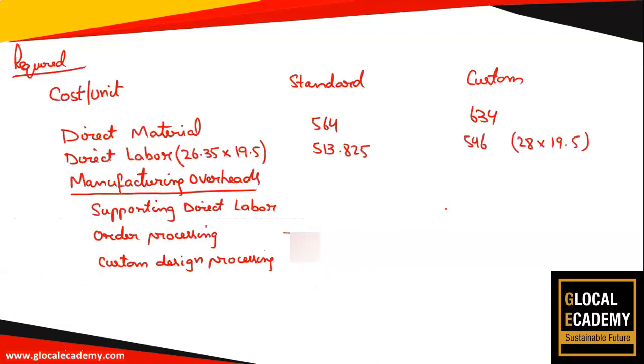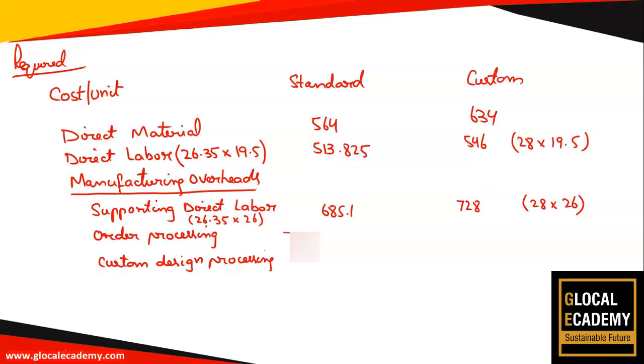So we need to multiply 26.35 with the rate for supporting direct labor, and that will make it 685.1, and then we need to multiply 28, which is the hours per unit of custom, with the rate of supporting direct labor, which is 26, and that makes it 2728. So note it down.